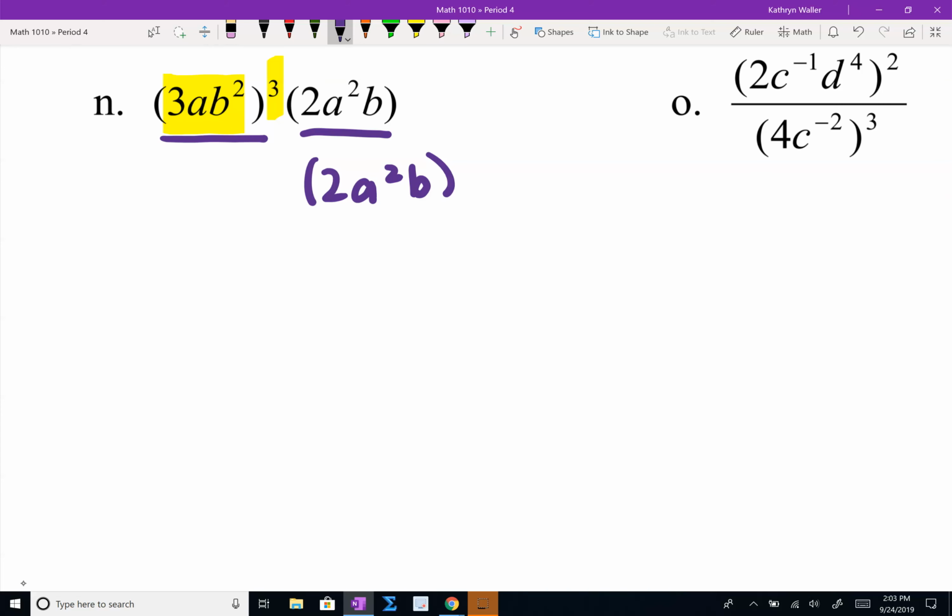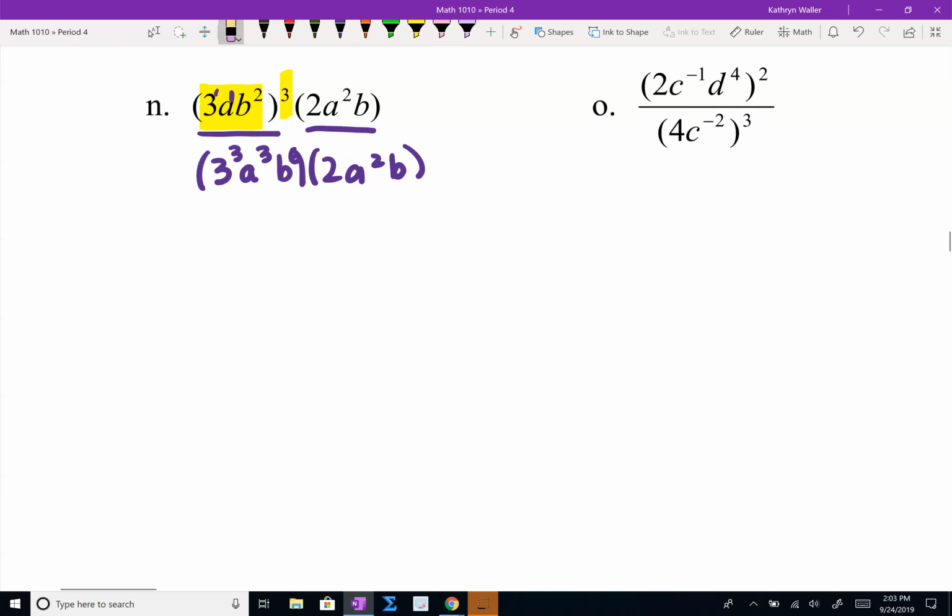Now the exponent on the 3 is a 1 and the a is a 1. Let me write it down and then I'll say. So this is a 3 to the 1 times 3 is a 3. An a to the 1 times 3 is a 3. And a b to the 2 times 3 is a 6.